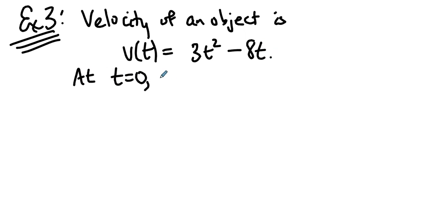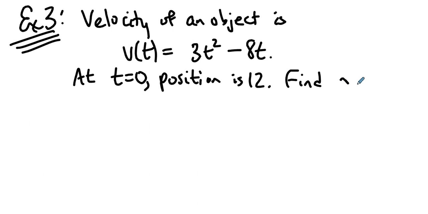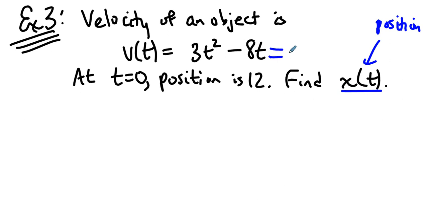At time equals 0, the position is 12. Find the position function. This is the position function. And we know that velocity is the derivative of position. We know that this is the derivative of the x function.